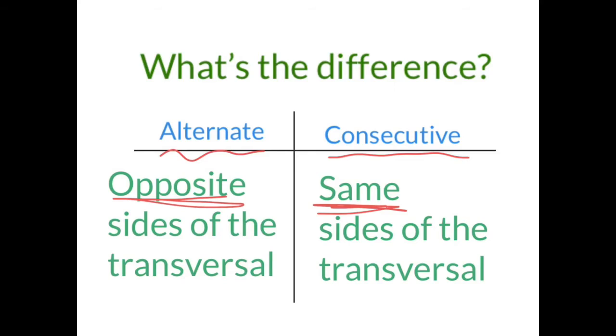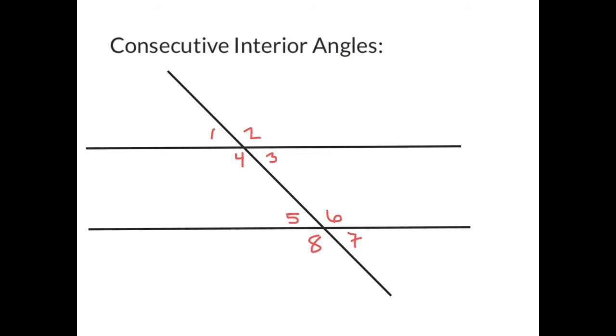Let's take a look. Alright, so let's break down consecutive interior angles. I'm going to start with the interior part because that's a little bit more familiar to us. So the interior is on the inside of those two parallel lines that we're going to be talking about. And then the consecutive is really the new piece here. The consecutive is the ones that are on the same side of this transversal.